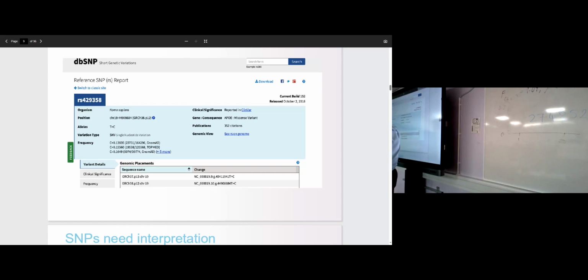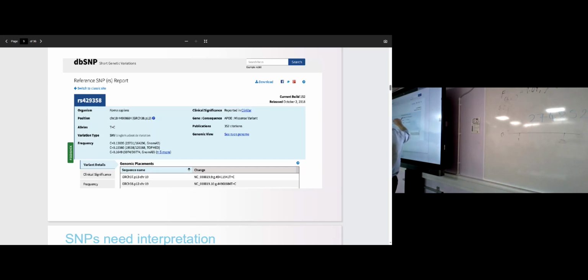This SNP is in chromosome 19, position 44,908,684. It means that within that chromosome, at that position, the reference is a T and it has been changed to a C. That change from T to a C at that position in that chromosome is what we call this SNP.